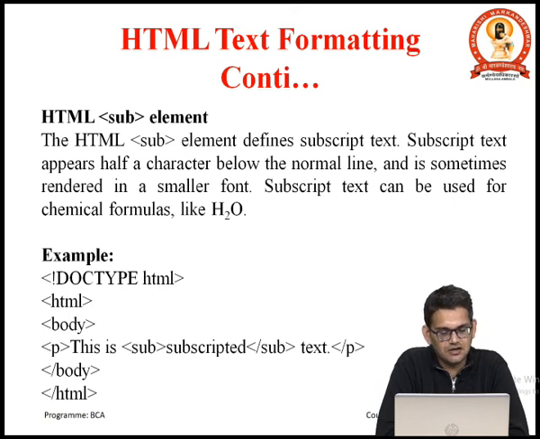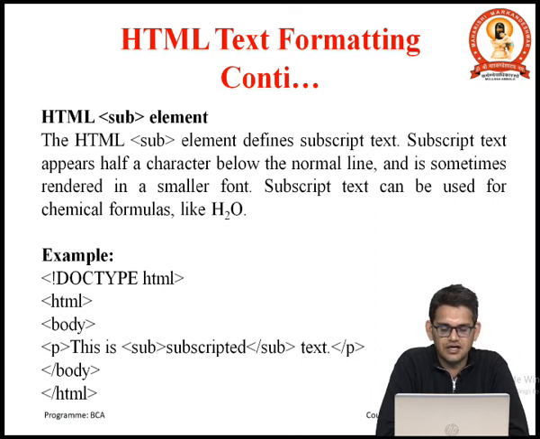So, you can see directly in the example we have a paragraph, because the HTML body is common to all of the web pages. So, we are directly focused on the main code which started from the paragraph within the body. You can see in the paragraph tag, this is the subscript tag.